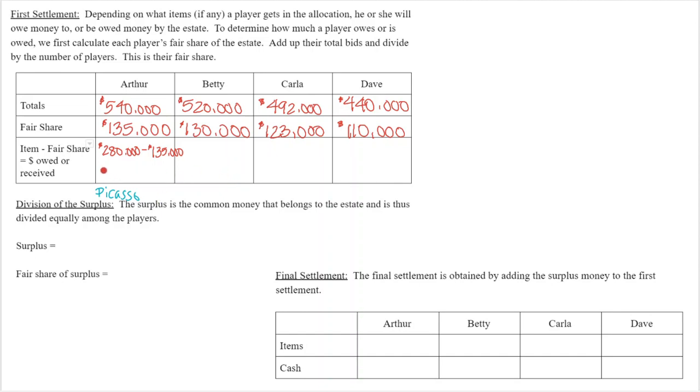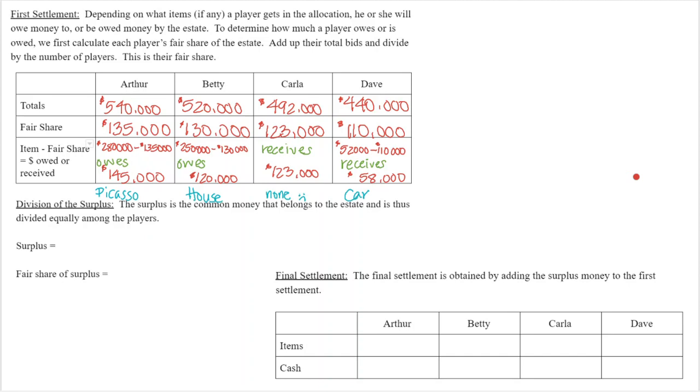So he has gotten $145,000 more than his fair share, which means he is going to owe money back to the estate. The painting that he got is worth more than his fair share, so he has to pay some cash to even everything out.